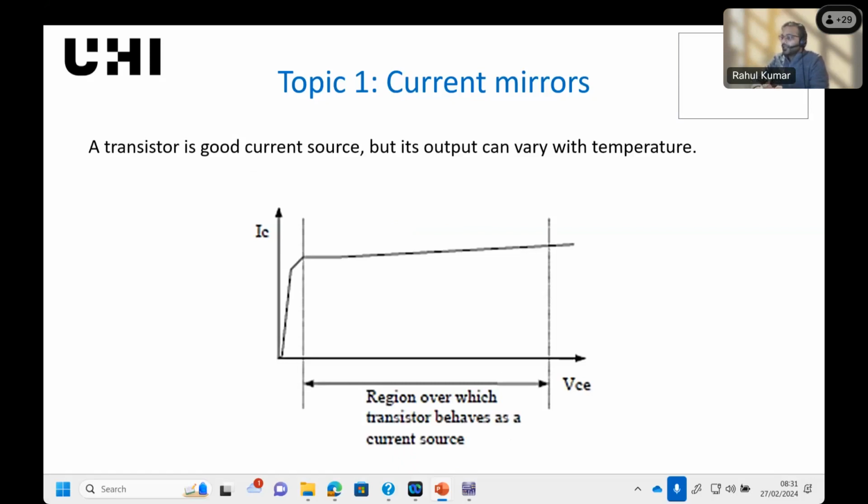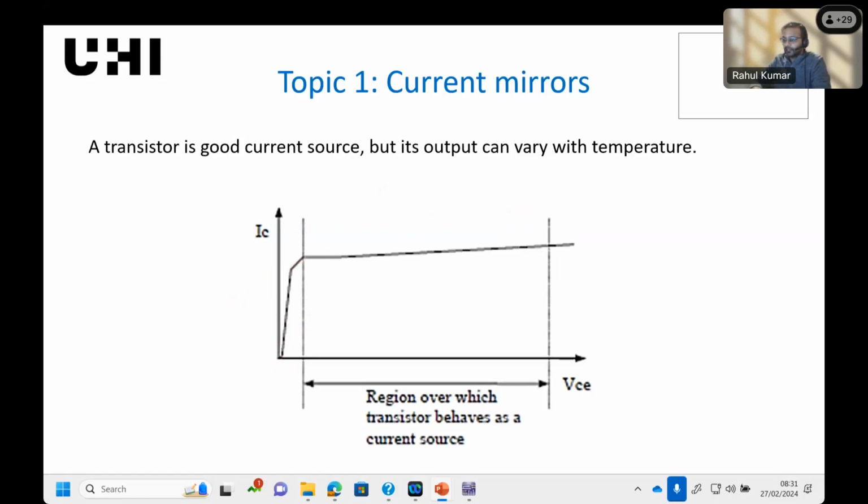One way is to use a transistor. On the slide, we have the transistor characteristic, which you might have seen before. Usually you have multiple curves, right?